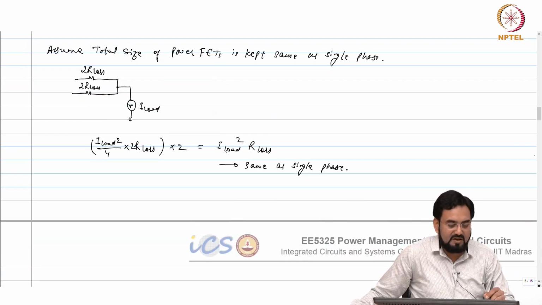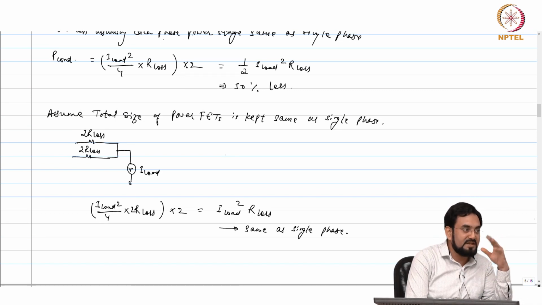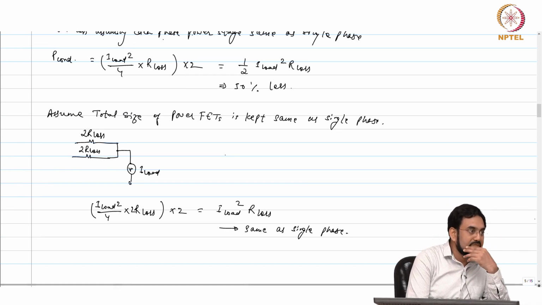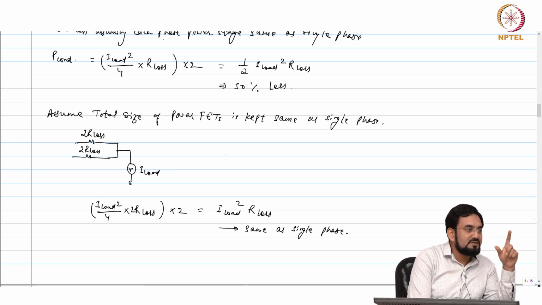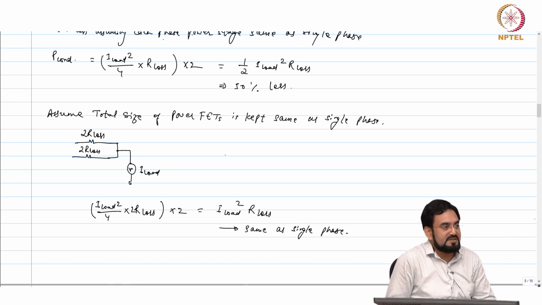Okay, but now let's say same thing I want to do for the boost. You know, current is boosted there. So your inductor current is I load over 1 minus D. Let's say I am operating at 50% duty cycle.